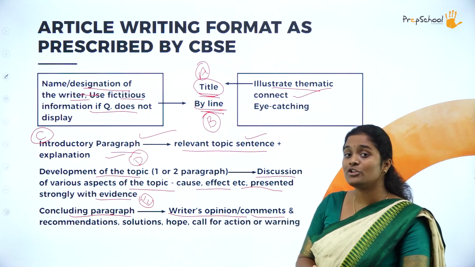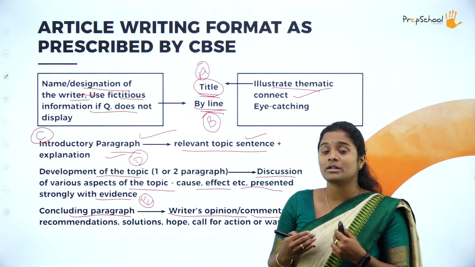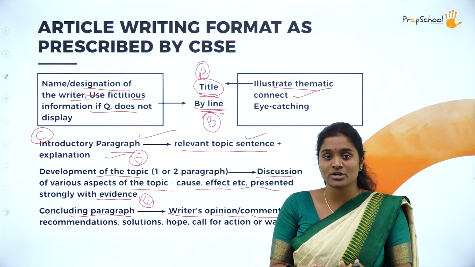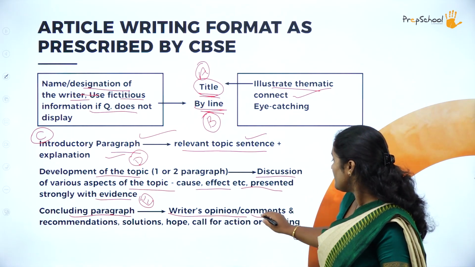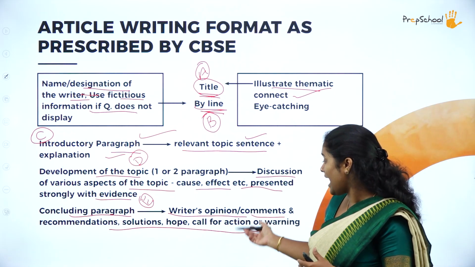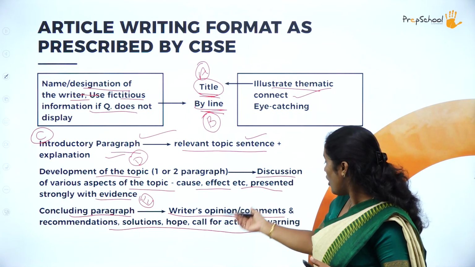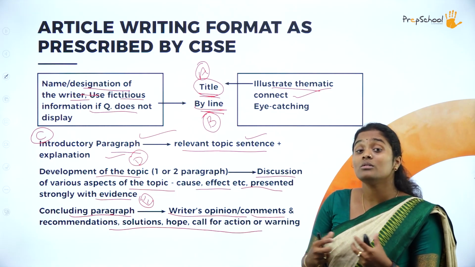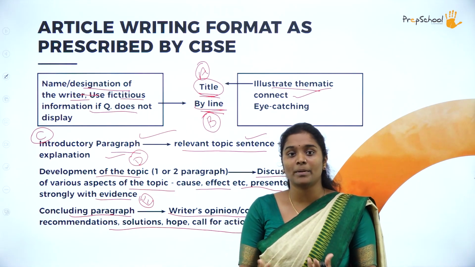So you will write your opinion; this is a place where your personal opinion about the subject finds expression, okay? Comments and recommendations, solutions, hope for the action being taken, call for action or hope or warning. All of these things can be summed up in the conclusion.